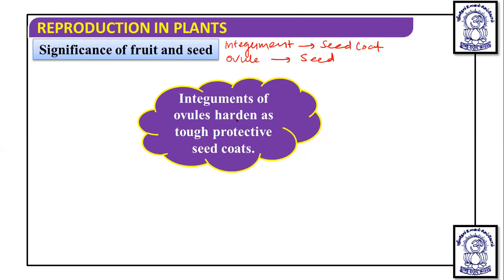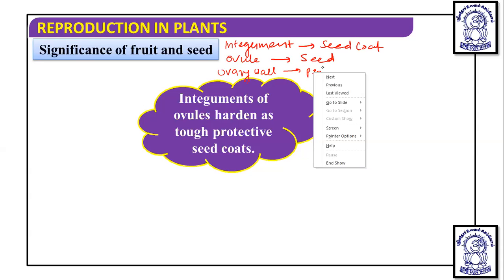The pericarp, the edible, fleshy or dry part of the fruit, is formed by the conversion of the ovary wall. So the ovary wall converts and forms a pericarp. Okay, so this is the conversion.